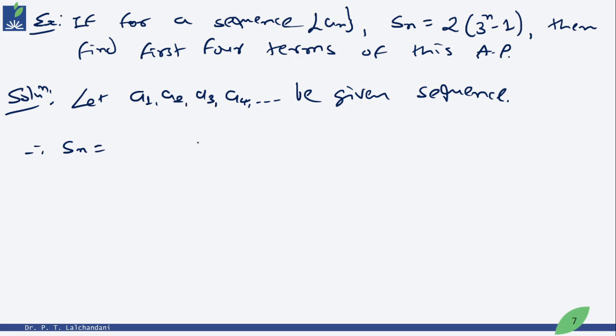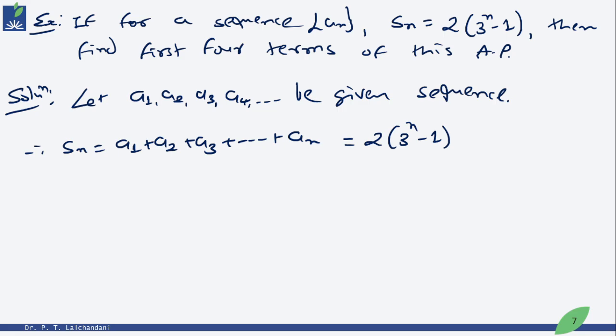Sn is the sum of the first n terms. So Sn is equal to a1 plus a2 plus a3 up to an. And this is equal to 2 times 3 raised to n minus 1.